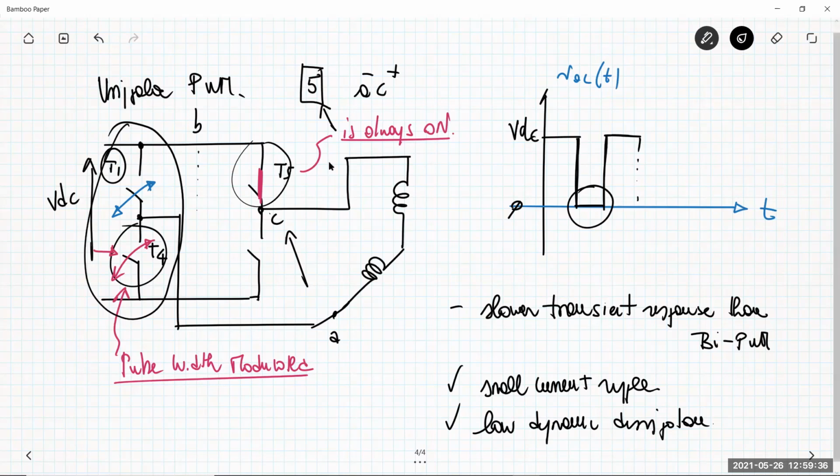Then this unipolar pulse width modulation has several different sub techniques, if you want to call it this way, that are employed to specifically solve some problems that can arise. For example, the current that circulates into the not activated phase in this operation mode.